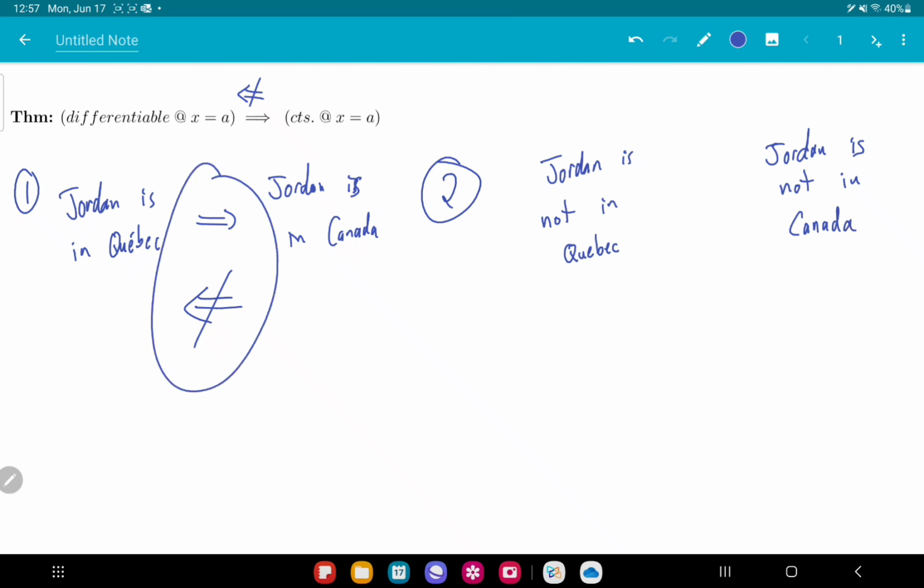Well, logically, it turns out that these arrows here, they change directions. Okay, so Jordan is not in Canada, that implies that Jordan is not in Quebec. And Jordan not being in Quebec does not imply that Jordan is not in Canada. Okay, so two little bits of logic here that I hope are logical.